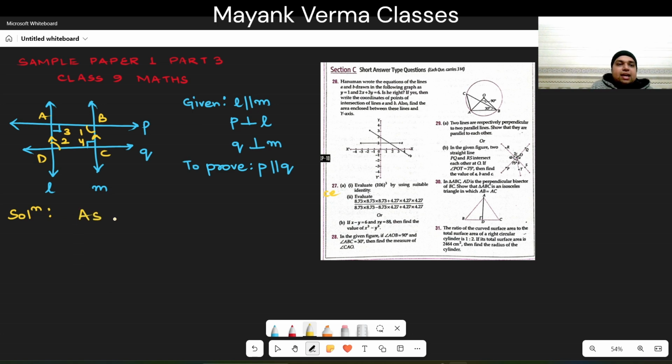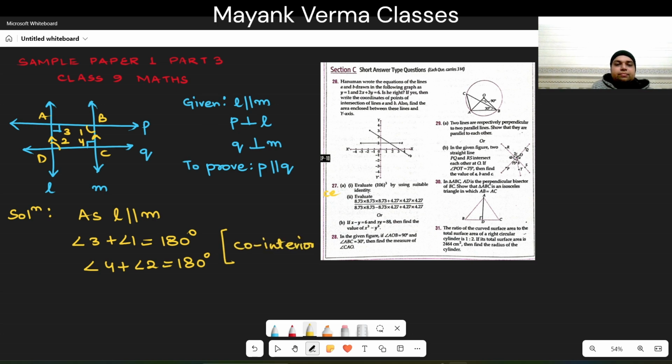As L is parallel to M, angle 3 plus angle 1 will be equal to 180 degrees, and angle 4 plus angle 2 is also 180 degrees. Reason: co-interior angles.